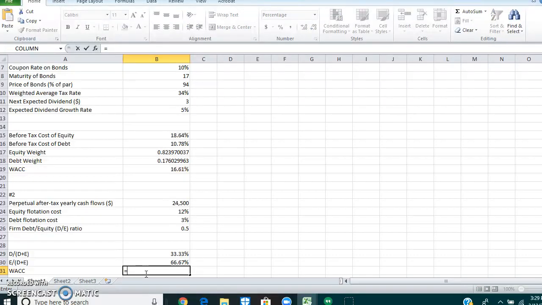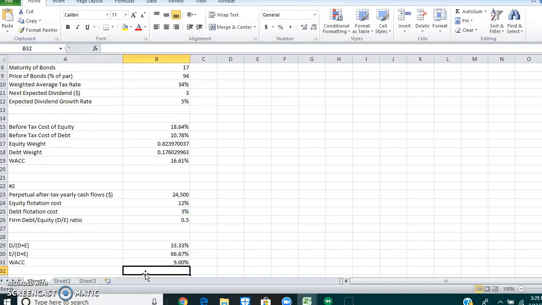Okay, the first thing is equity divided by debt and equity, for us in this demonstration, B30, times the equity flotation cost, which is B24, plus D divided by D plus E, which is B29, times the debt flotation cost, which is B25. And then we hit enter and see what we've got. So our weighted average cost of capital for this project is 9%.